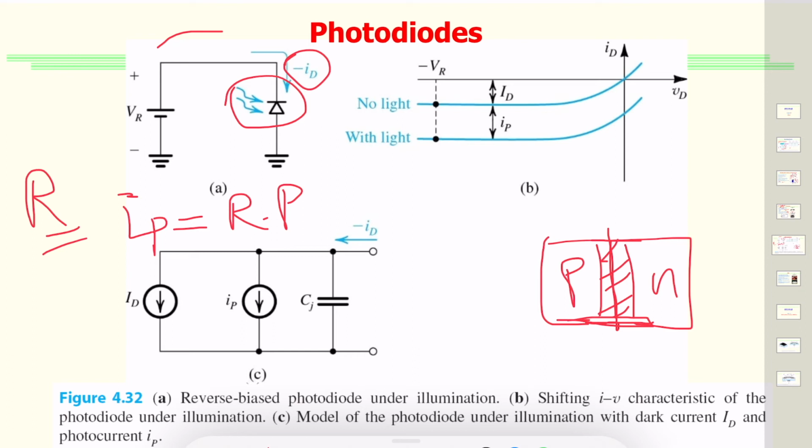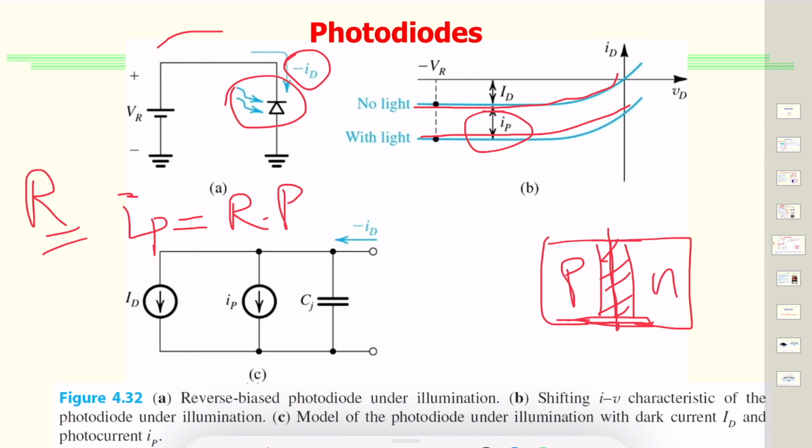But as soon as we turn on the light, there is photocurrent on top of the ID. So that's ID and IP. The IV curve shifts towards more reverse current in proportion to the intensity of the light absorbed by the photodiode.